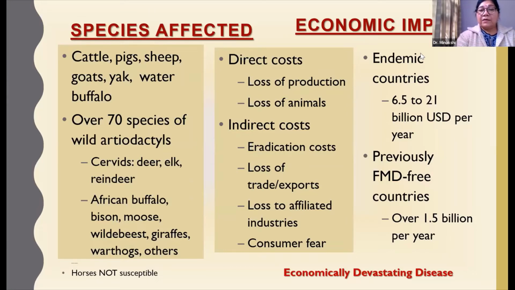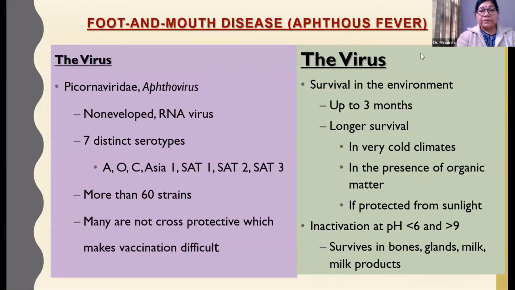And for the countries where this disease was not there, for example, the UK, after 2000, when this disease entered into the country, over 1.5 billion per year was the cost of maintenance of this disease. The virus is very small, a picornavirus, a normal RNA virus.